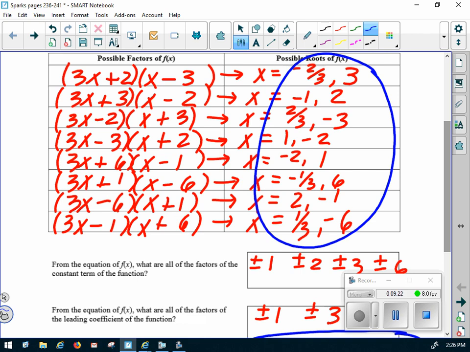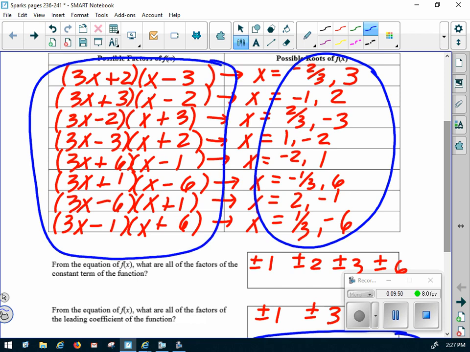So when you did P over Q in Algebra 2, what you were doing was finding all of the possible nice roots of that function, okay? And it comes from the fact that these are all the different possible ways that we might be able to factor that thing with guess and check.